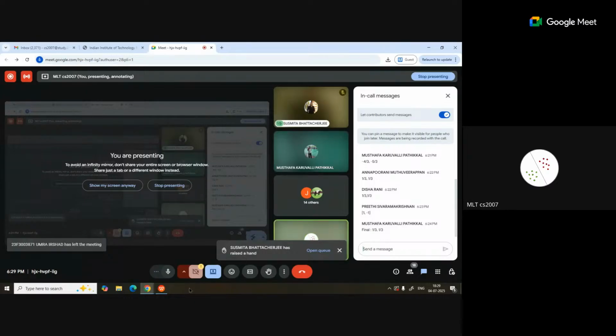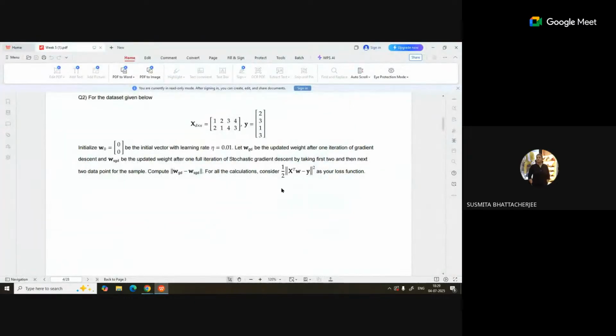Yes, Sushmita. Sir, am I audible? My question is related to the exam. Similar to Stat 2, will formulas be provided in MLT as well? In MLT, we don't provide formulas for everything.